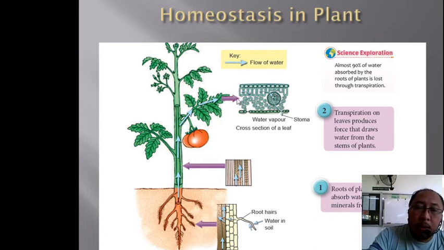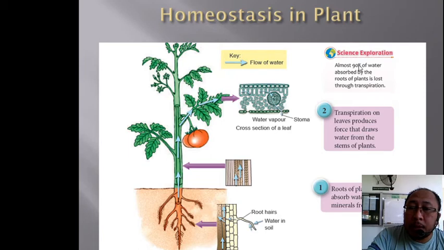So water will be released from here, and the decrease of water will be replaced by the absorption of water through the roots. So this is the process of homeostasis in plants to control or regulate the water content in the plant.